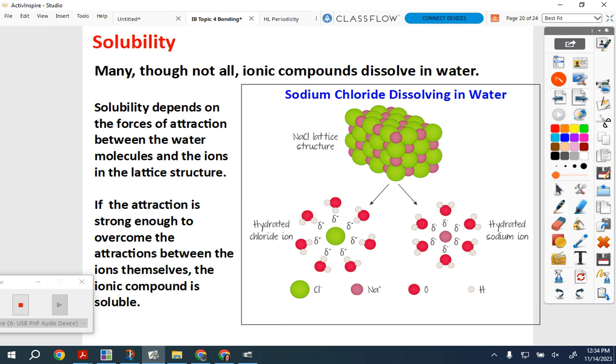And the reason that sodium chloride, for example, dissolves in water is that the positive and negative between two ions, that's a very strong bond.